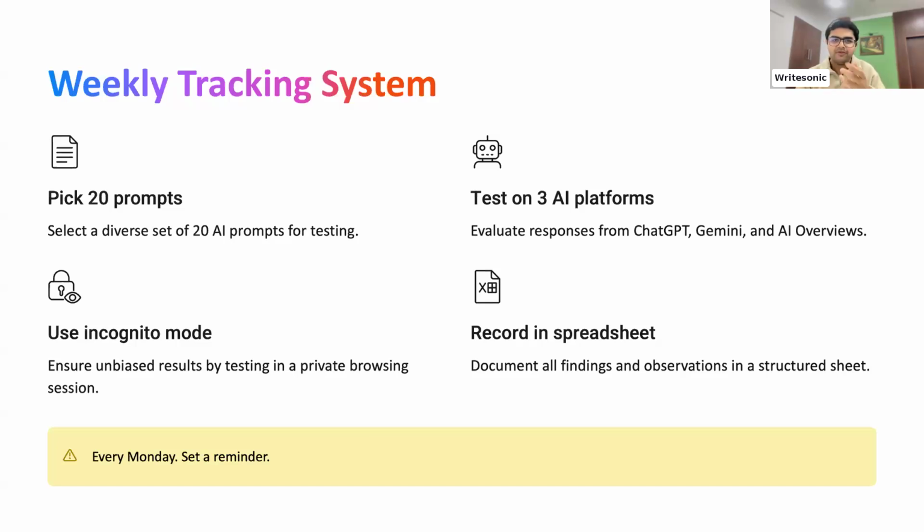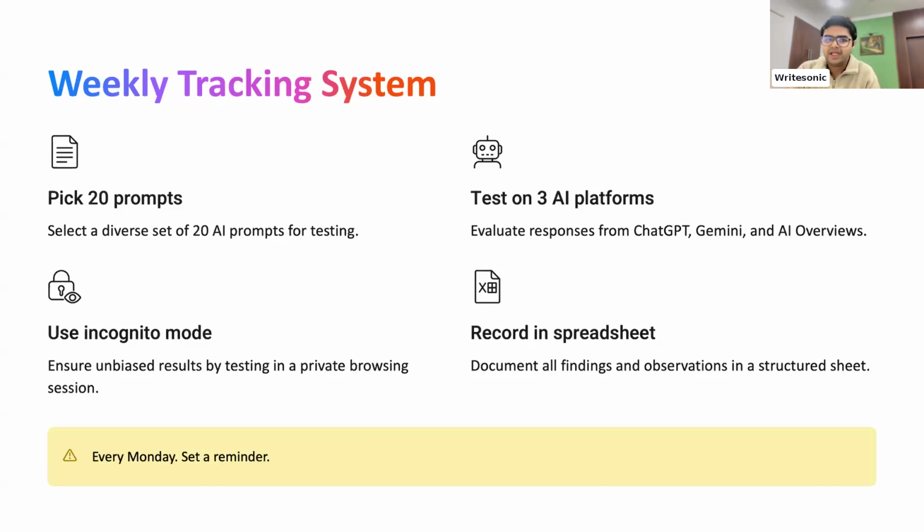And now, if any of you have not already started using any tools, or if you have not already started tracking prompts for your brand, this is a weekly tracking system. If you are just getting started and you want to start with something without investing in a tool like a Geo or an AI visibility tool, just pick 20 prompts, a diverse set of 20 prompts for testing. We'll talk about how to come up with these prompts.